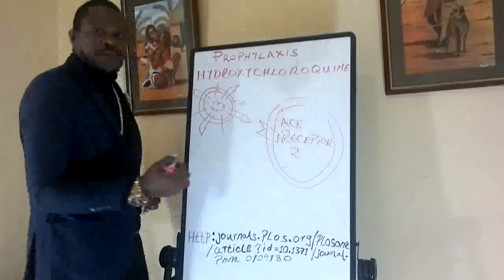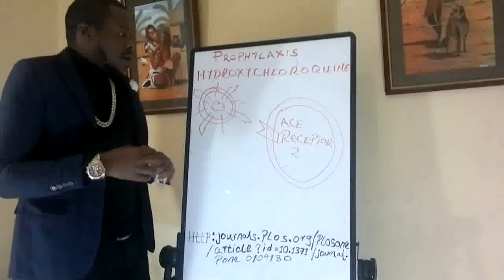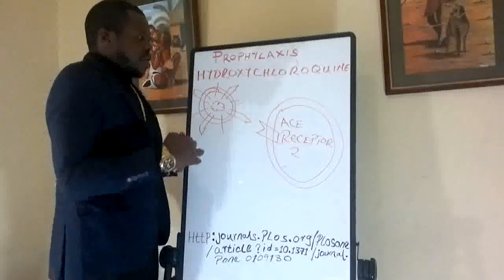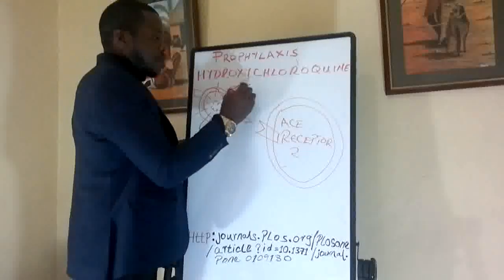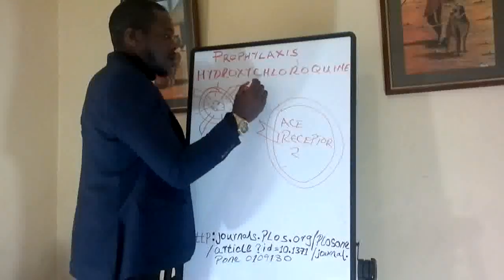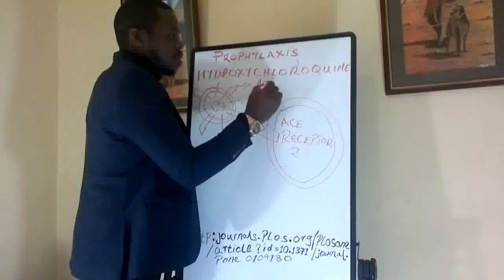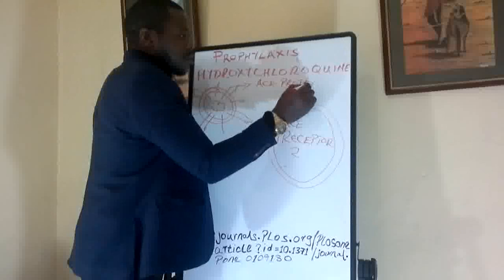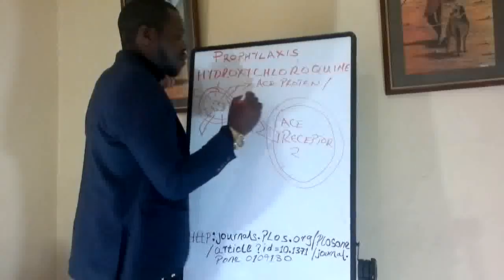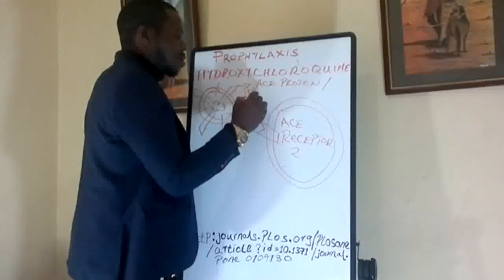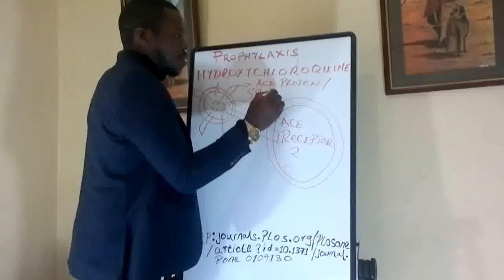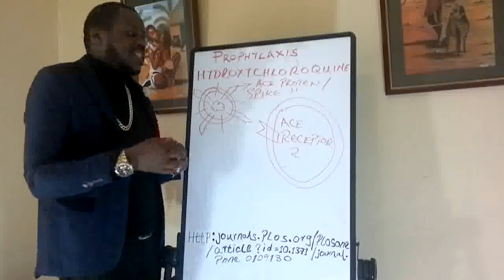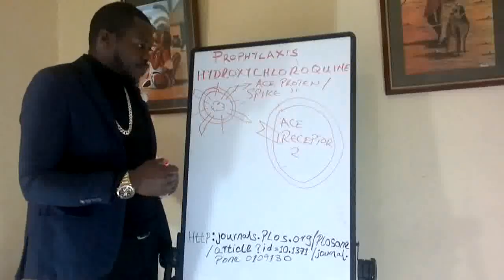S receptor 2. Now what happens is the virus uses this protein. This is called S protein, or spike protein. It uses the spike protein to attach itself to the S receptor 2.